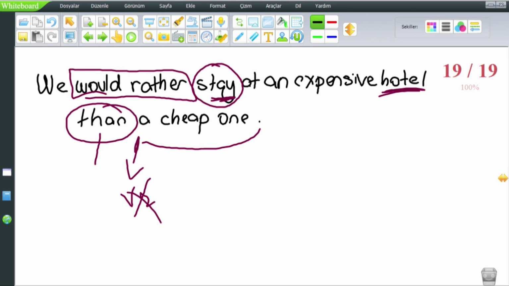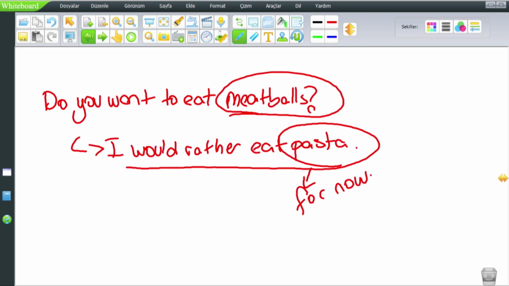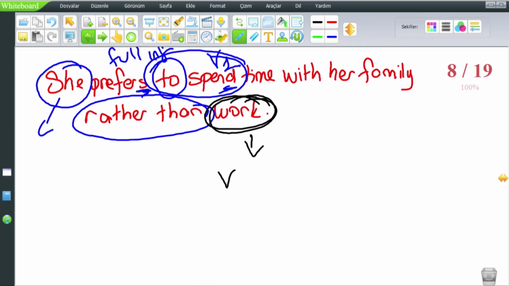So I also omitted hotel and I used one instead, because after reading this till here, we can understand what one refers to. And I'm comparing if they are cheap or expensive. Now, let's do a review, and then we will continue with quantifiers.